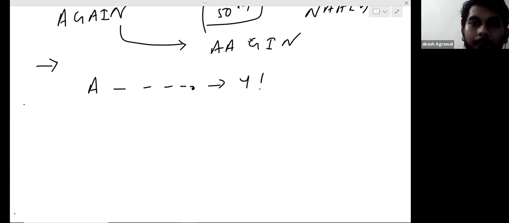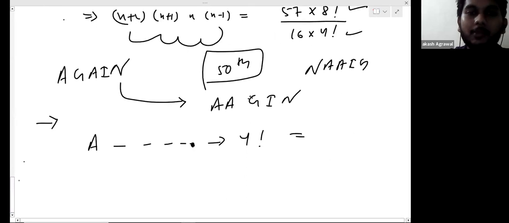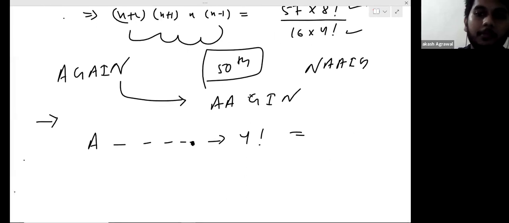4 factorial. Okay. So now what happens? You have to calculate every time you write, because they have given you a rank, that is, who is at the 50th place. So you have to count all the words. So this is 24. Yes, sir. Okay.